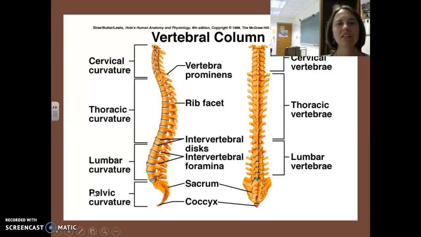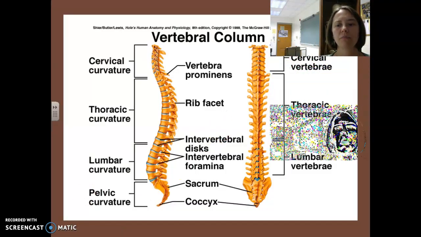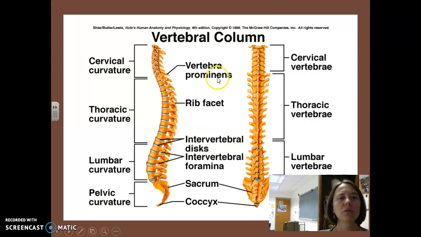So let's take a look at the vertebral column. We have the 4 curvatures: cervical, thoracic, lumbar, and pelvic curvatures. These are your cervical vertebrae, and we'll talk more about those. The vertebra prominens is on C7, and there's a bump at the bottom of your neck, which you might be able to feel.